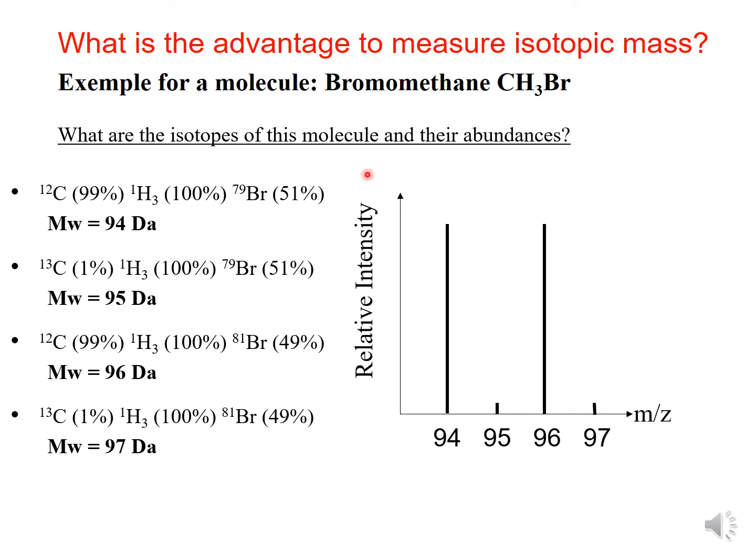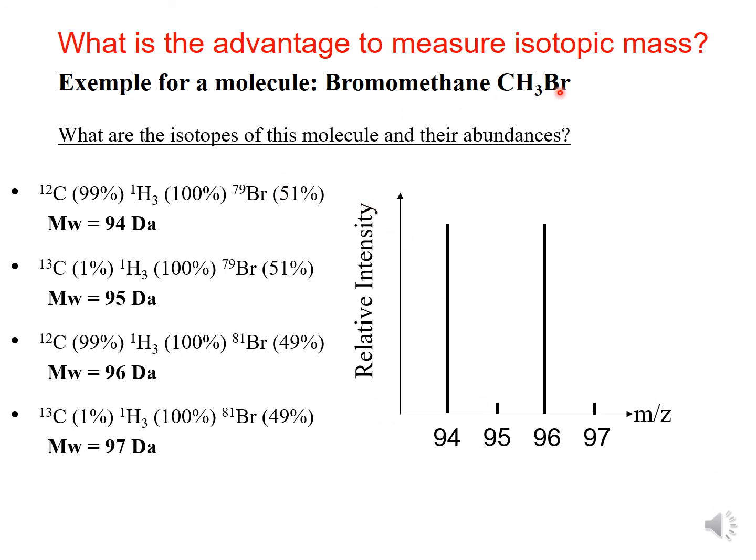And here you have the mass spectra, the isotopic profile of the molecule of bromomethane. That's very important to understand this example because it explains very well the isotopic profile. This isotopic profile is related to this molecule.